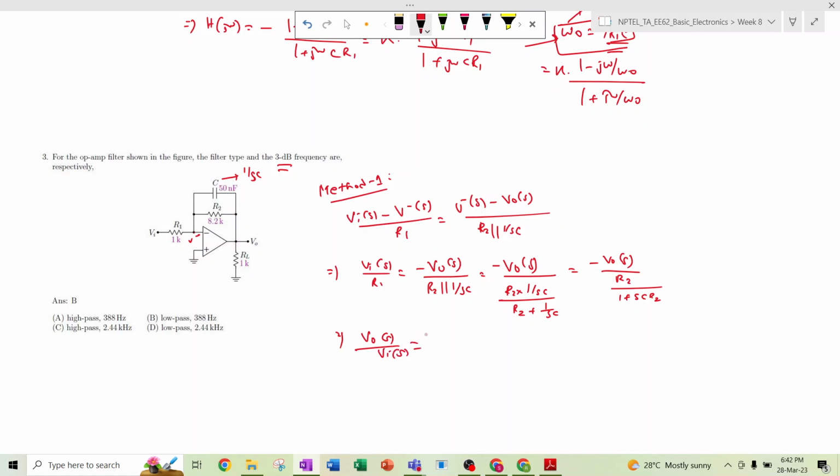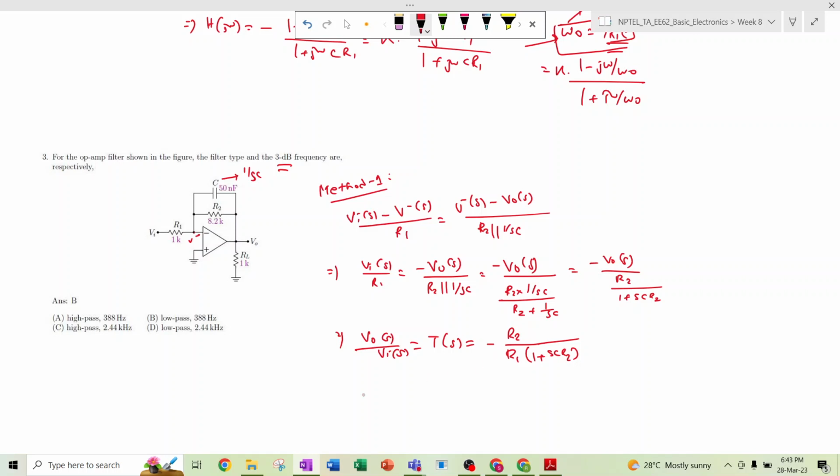So V0(s) divided by Vi(s), we need to determine this thing. This is basically the transfer function, T(s). So this is minus R2 divided by R1 into 1 plus sC R2. This is the basic transfer function.